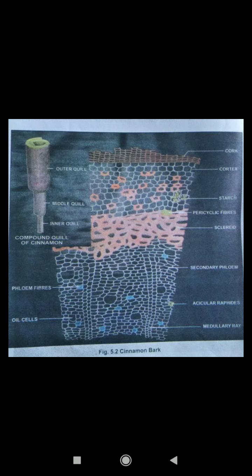Then chemical constituents of cinnamon bark: volatile oil 0.5 to 1%, cinnamic aldehyde 55 to 65%, eugenol 4 to 10%, then terpenes, mucilage, starch, calcium oxalate and tannins. Uses of cinnamon bark: carminative, flavoring agent, mild astringent and powerful germicide.